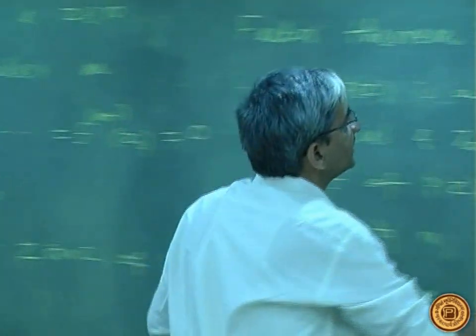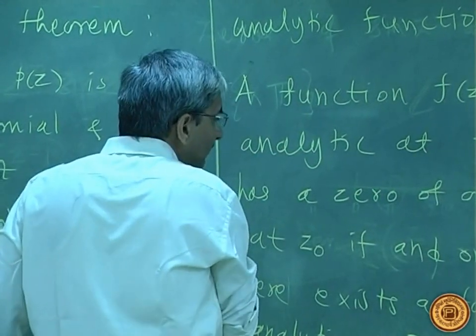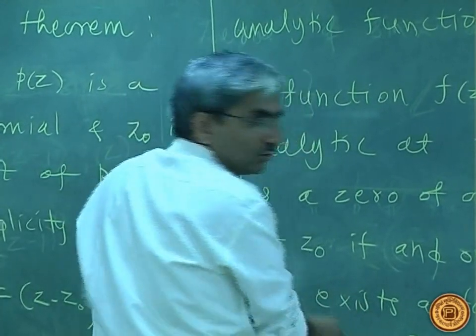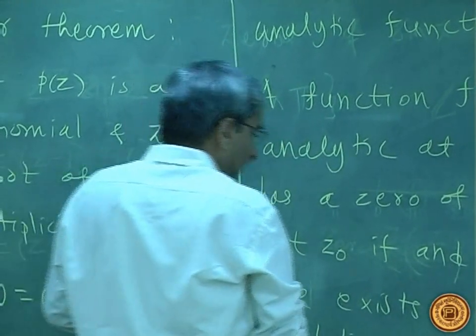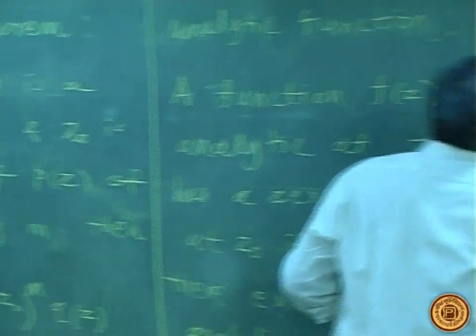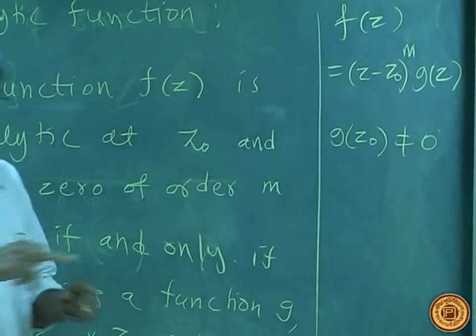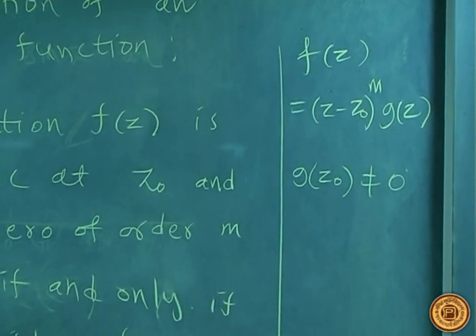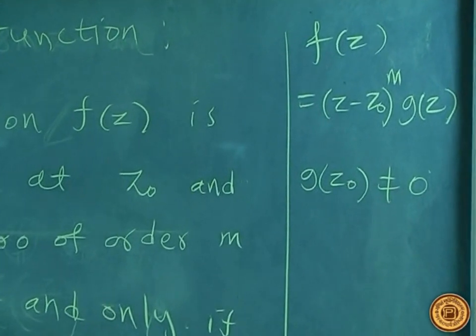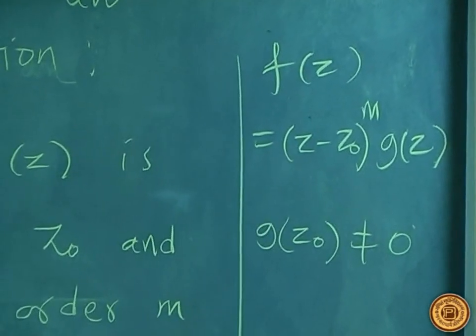So f is analytic at z naught, that is important, and it has a zero of order m, then this will happen and the converse is true. That means if there is a function g analytic at z naught, g(z naught) is not 0 and f is of this type, then f has a zero of order m at z naught. So let us try to prove this theorem.